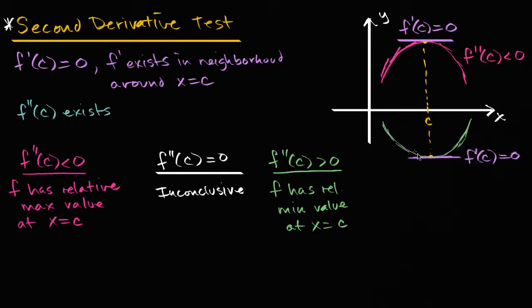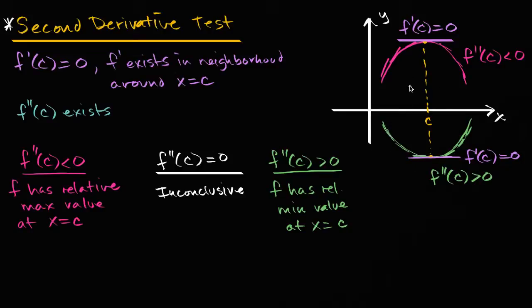The slope is constantly increasing. We have an upward opening bowl. And so here we have a relative minimum value. Or we could say our second derivative is greater than 0. Visually, we see it's a relative minimum value. And looking at our derivatives, the first derivative is equal to 0, and we are concave upwards. Second derivative is greater than 0.